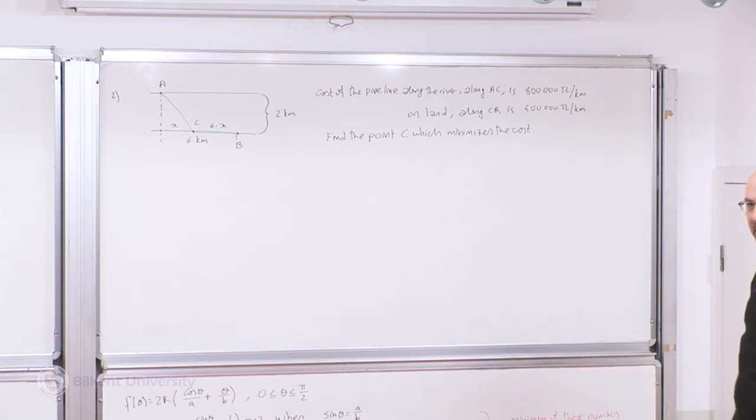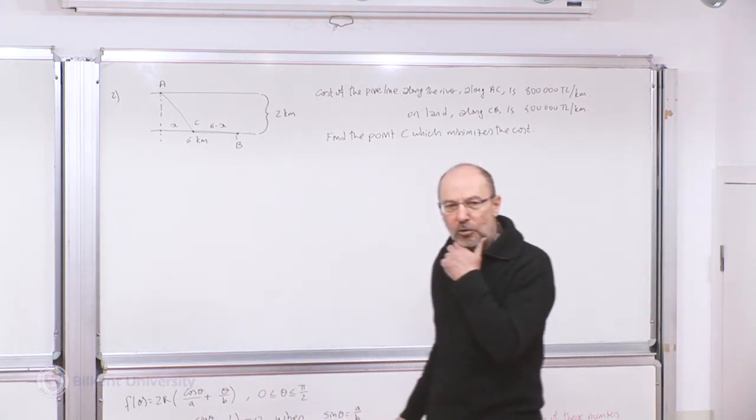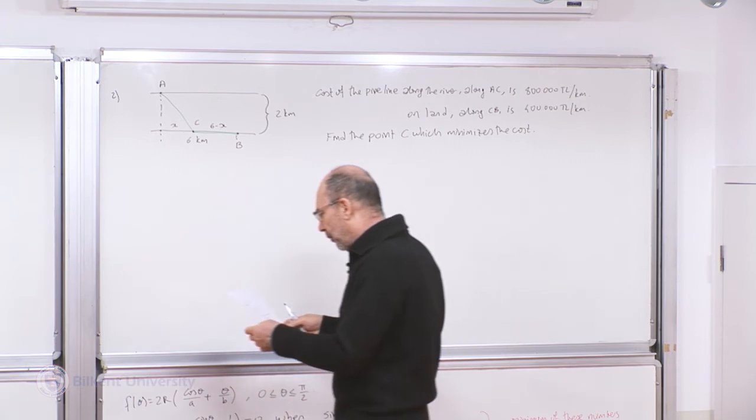We'll take the derivative, equate that to 0, and evaluate the function again at the critical points and at the end points and see which one is smaller. That's the usual strategy to solve min-max problems.